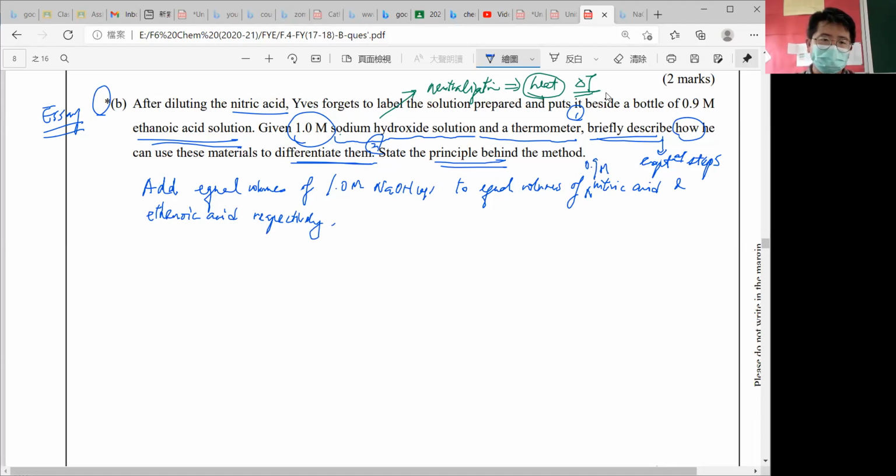Now, remember, you better label the molarity as well to tell that it is a fair test. But how to measure the heat? Yes, that's right.